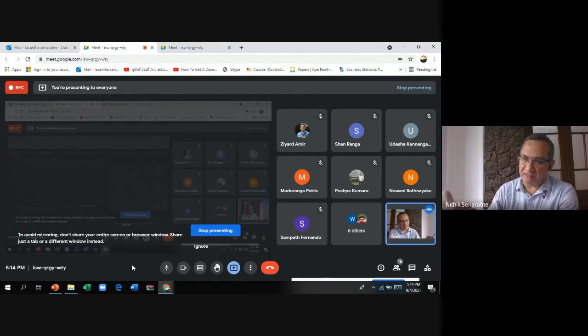So if it is a 15 feet wide road, and the building line says 10 feet, that means from the middle of the road to the end of your boundary will be 7.5, and you have to leave 2.5 feet and start the construction. Either building line or street line, it's the same process. You can't do any construction within the building or street line purview, so your construction should start thereafter.